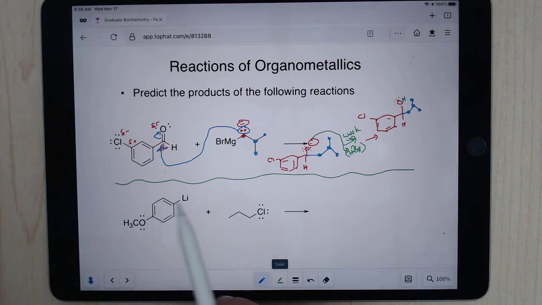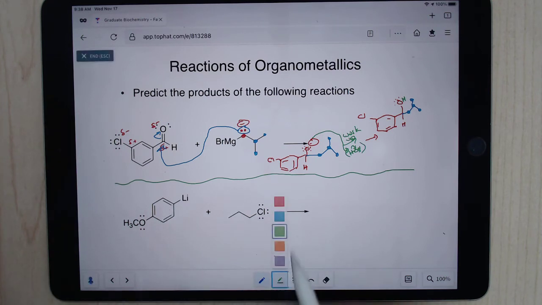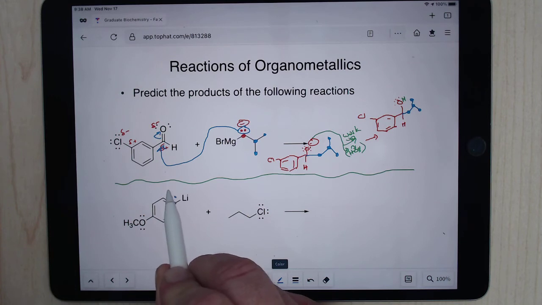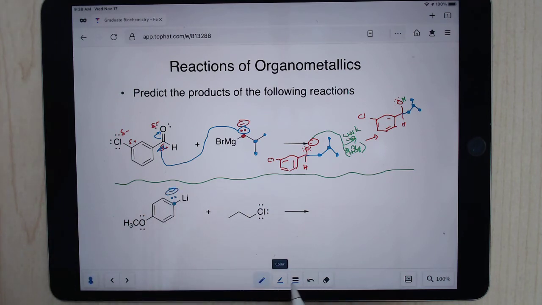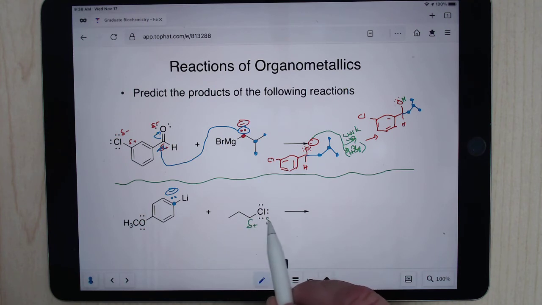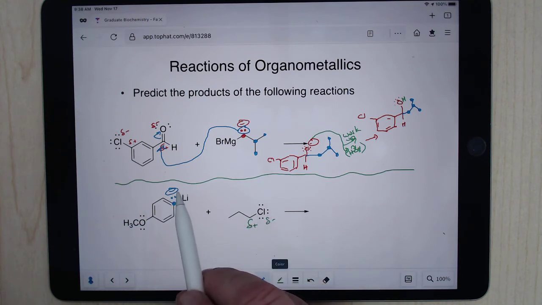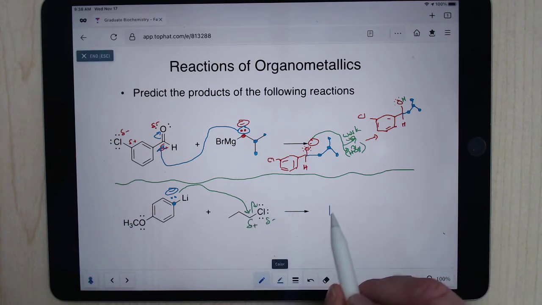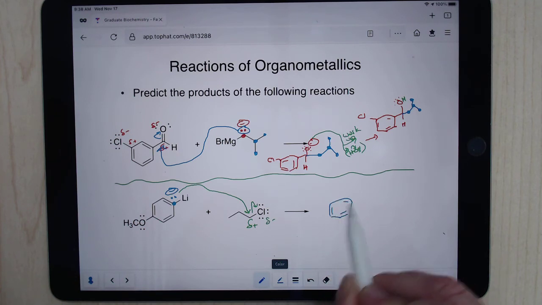Now for here, right? So you can make a Grignard or an organolithium off of a benzene, okay? But it's going to work exactly the same way. This carbon here is going to act like it has a set of lone pair electrons, and so it's going to be attracted to this partial positive, partial negative, and so it's going to attack here. That away, and so what you're going to end up with is this. So it's just a very simple SN2 reaction.